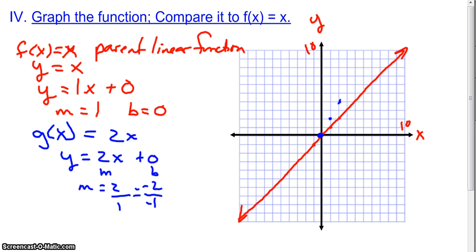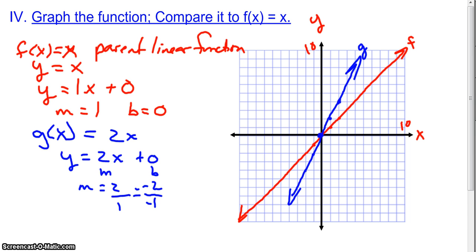That's still 2, so we could go down 2 and to the left 1, down 2 and to the left 1. So we have the new equation. I'm putting the name of it up just at the tip of the arrow, that's g. The original parent function, we're calling that f. So now we can see which is which, right?